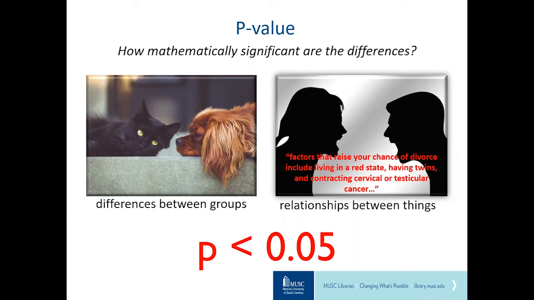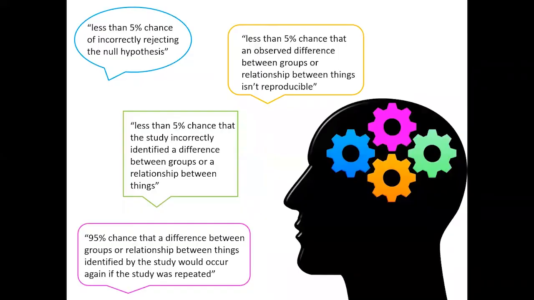Just like in a middle school science project, the goal of research is to test a hypothesis. P-values help us decide the likelihood that we are wrong if we say the result is due to anything other than chance. Small p-values help us not be wrong. So a p-value of 0.05 tells us there's a less than 5% chance that the reported results are due to chance.